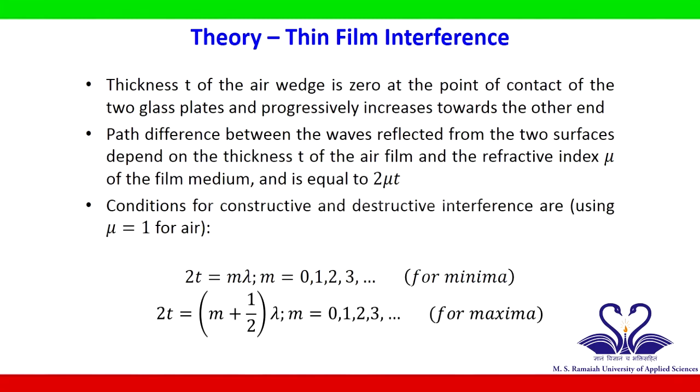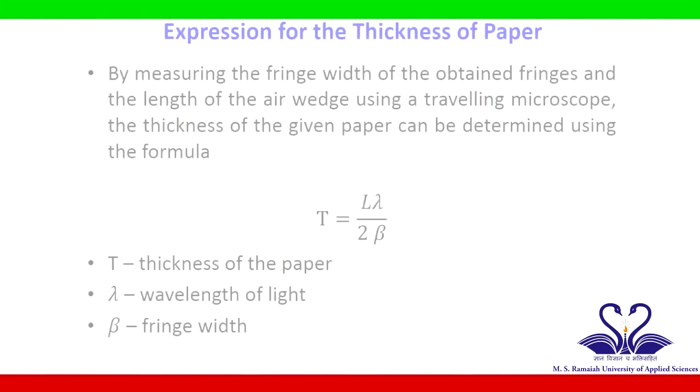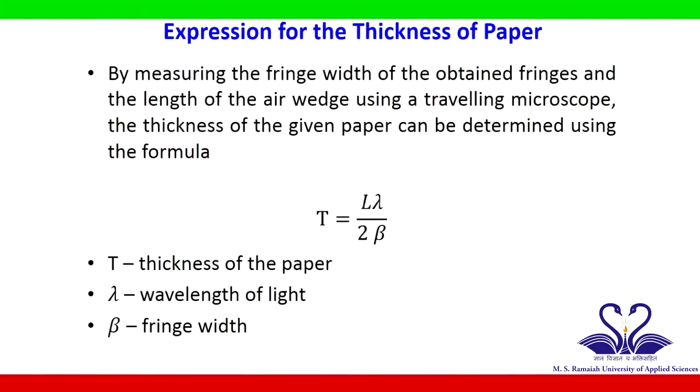Constructive interference occurs when the path difference is equal to integral multiples of the wavelength, and destructive interference occurs when the path difference is equal to half integral multiples of the wavelength. By measuring the fringe width of the interference fringes and the length of the air wedge, the thickness of the given paper can be calculated using the formula as shown.